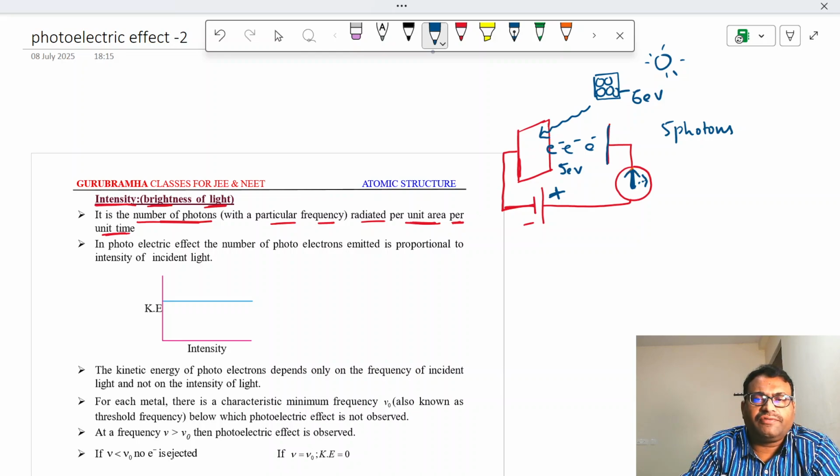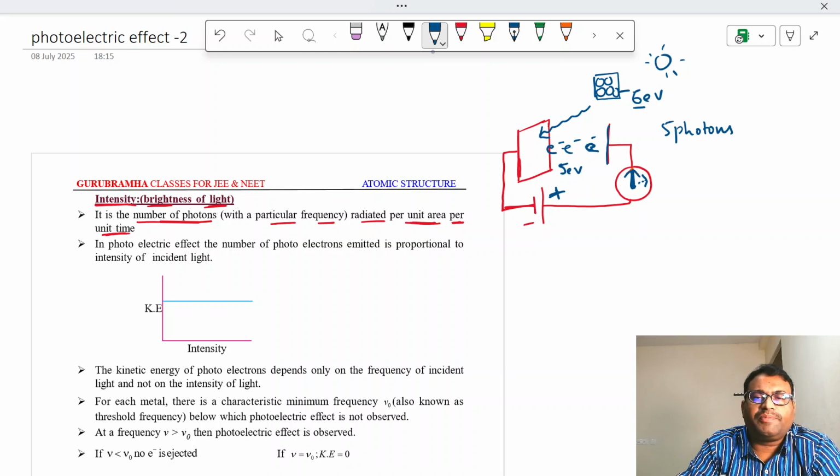So here, when these photons fall on the metallic surface, instantaneously, without any lag, these electrons come out from the metallic surface. There will be no lag. When these photons fall on the metallic surface, electrons absorb this photon energy and come out very fast without any lag. That means these photons must possess minimum energy which should be able to eject these electrons from the surface of the metal.